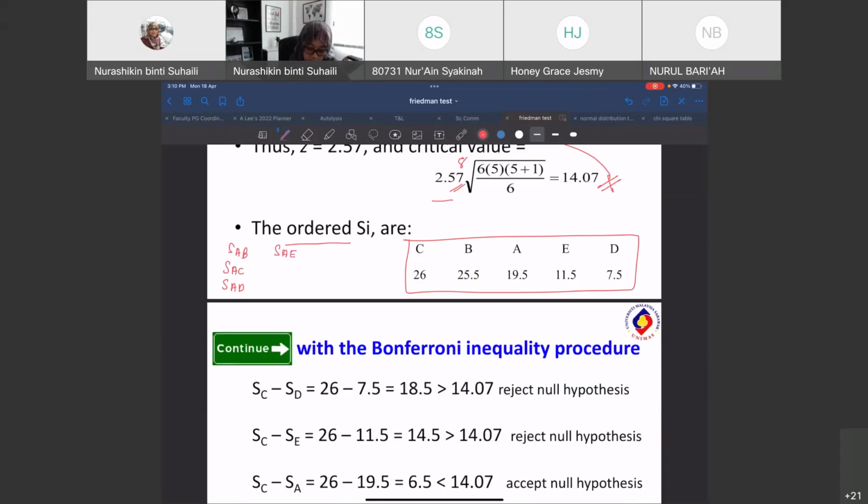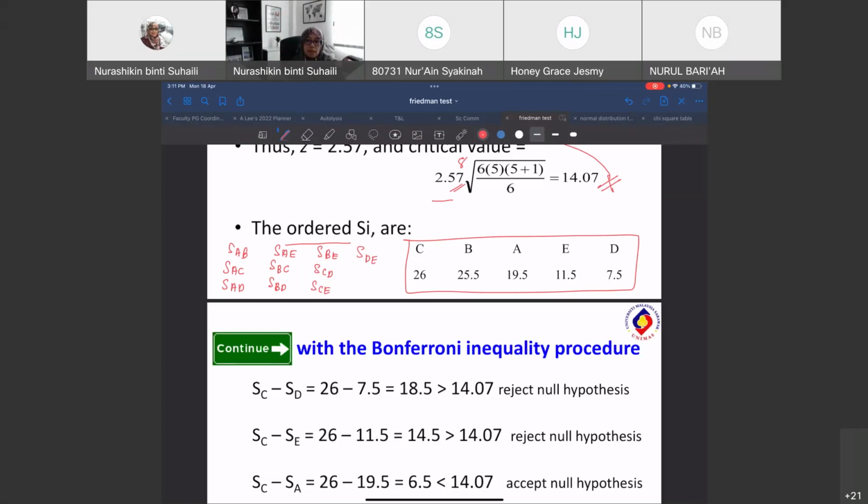And then we start with SBC, SBD, SBE. I hope you understand what I'm doing now. I'm matching the samples because we want to compare the pairs. The next ones are SCD, SCE. And then the last one is SDE. The order doesn't matter.